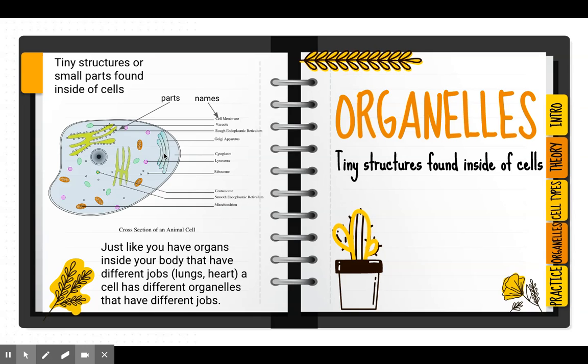Just like you have organs inside your body, like a heart and lungs and a liver and a stomach and a brain. These are all organs that help you carry out the functions of day to day life. Cells have organelles, little tiny parts that make up the cell that help them carry out the functions that make us alive.